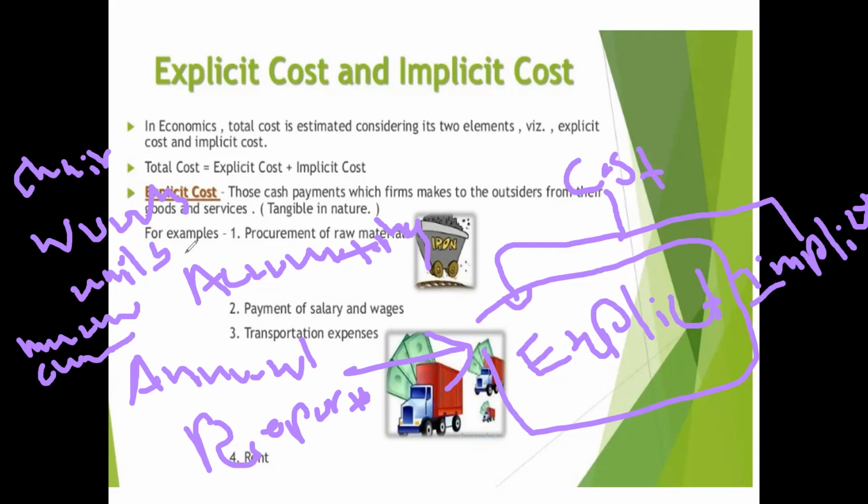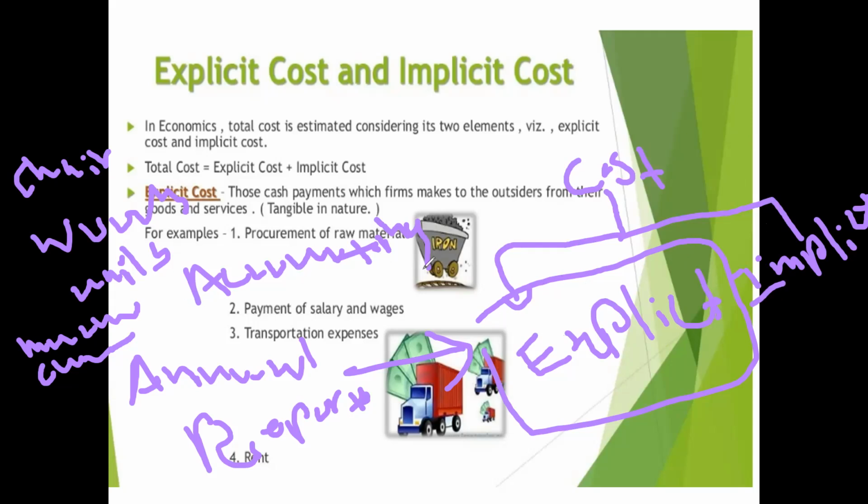Those explicit costs are tangible in nature, cash payments which firms make to outsiders from their pocket, right? In economics, total cost means the total cost combined of explicit and implicit cost. But if we consider a subject like accounts, they are really concerned only about this explicit cost. They will not bother about the implicit, right?